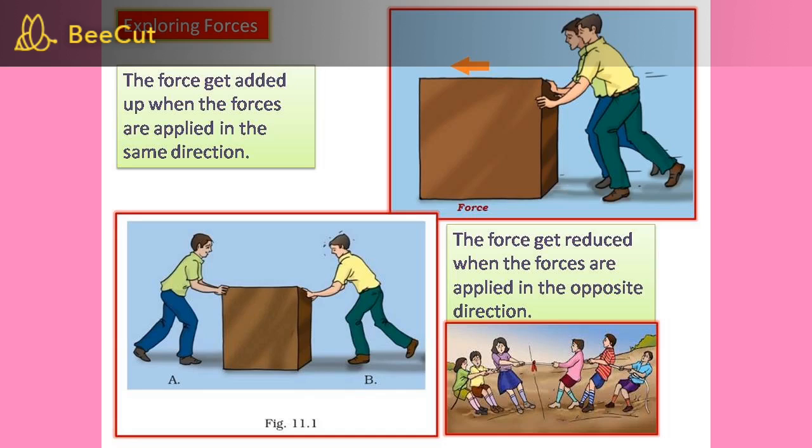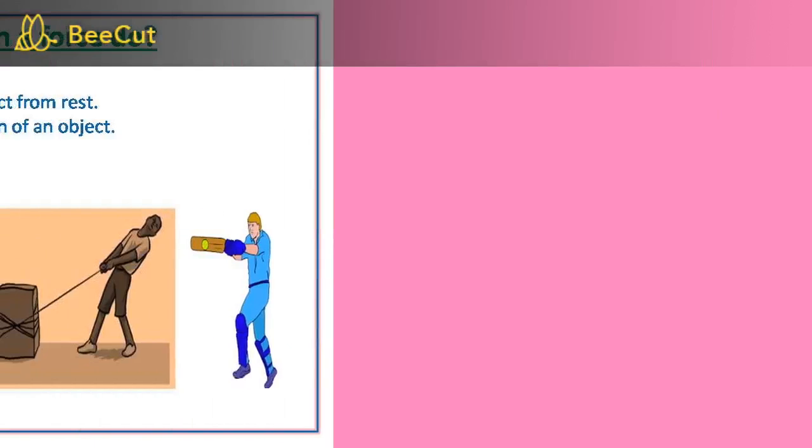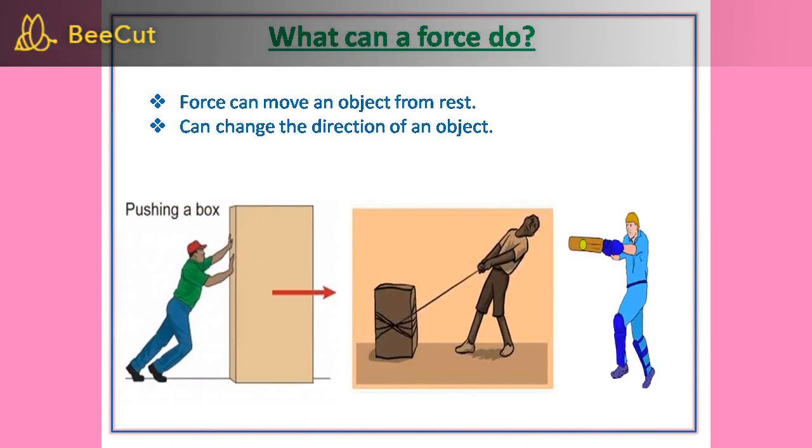Now let's understand what a force can do. Of course, first a force can move an object from rest. Let's say that there is a big box which is at rest and I have to move it. So what will I do? Yes, I either push it or pull it.